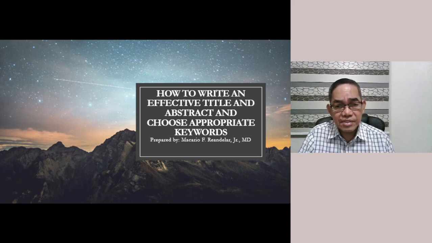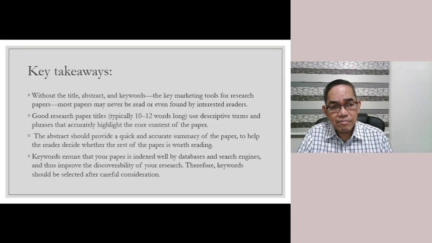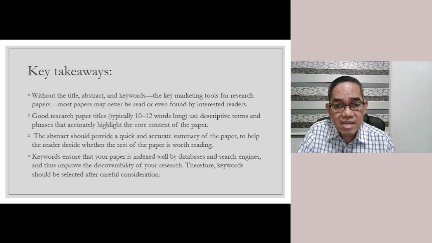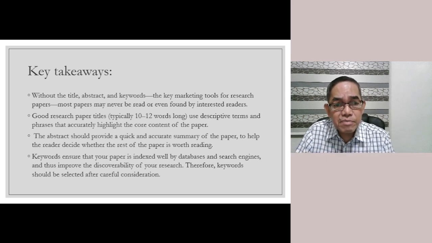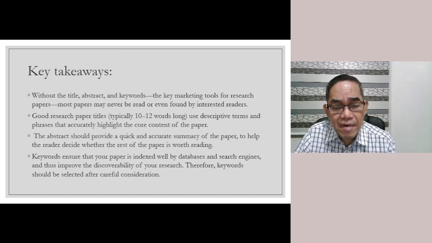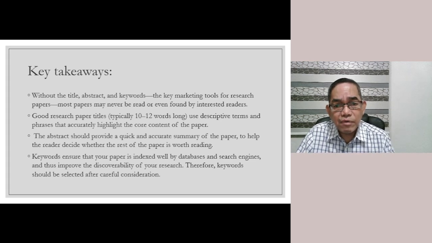Okay, so the first topic is how to write an effective title and abstract and choose appropriate keywords. Some key takeaways: without a title, abstract, and keywords, which are the key marketing tools for research papers, most papers may never be read or even be found by interested readers.